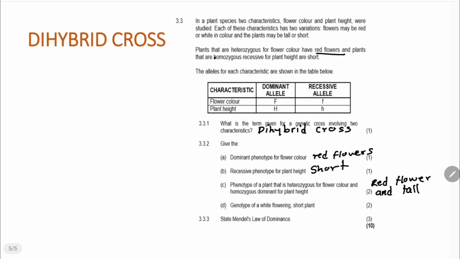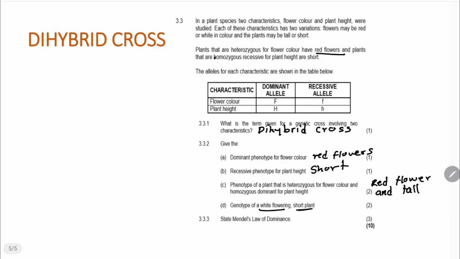D, genotype of a white flowering short plant. So we know that the allele for white flower color here is recessive, right? And we know that the allele for a short plant is also recessive, right? So this is a genotype that is homozygous recessive for both traits.